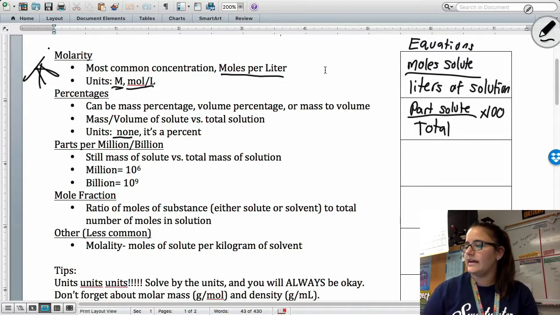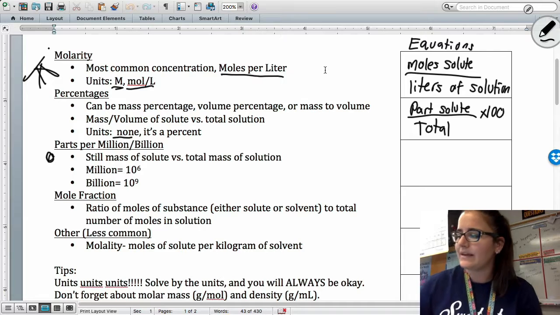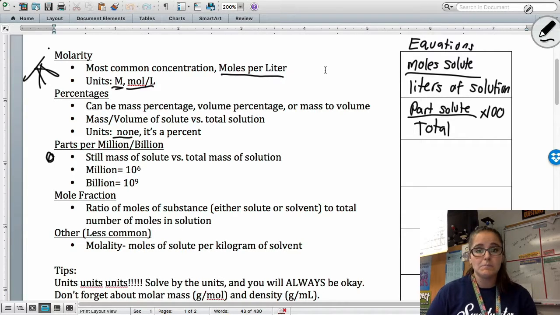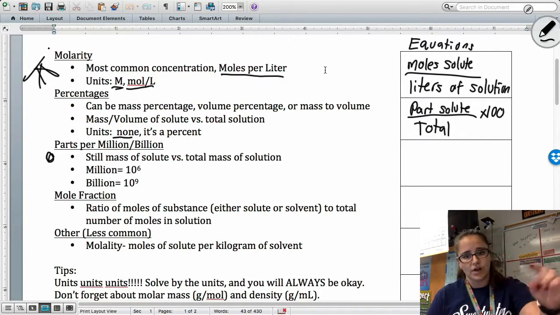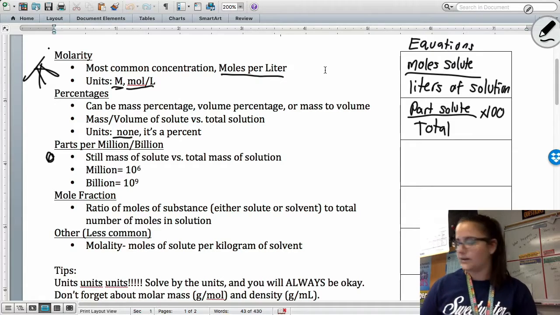Another one you'll see on occasion, this is used a lot in pollution or things like that, is parts per million or billion. It's still a mass problem, so it's still the mass of your solute over the total mass of solution, but instead of making it a percent, you're going to make it per million or per billion.